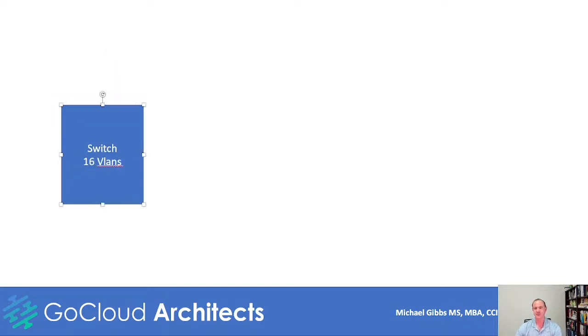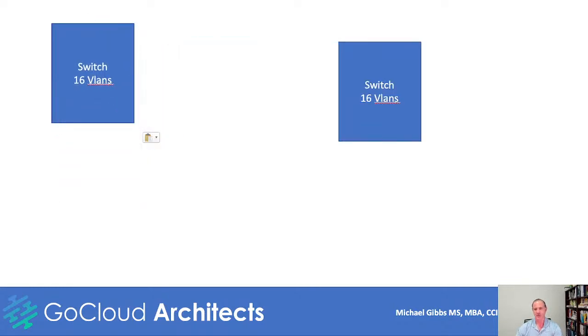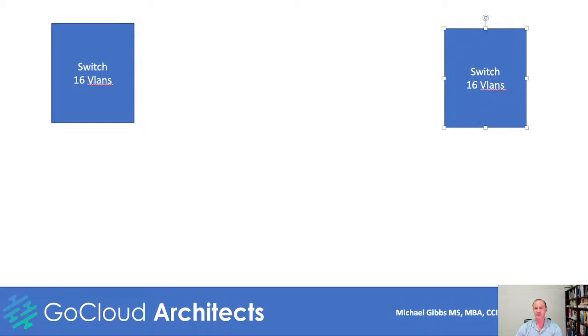Now, what is the VLAN? The VLAN is when you virtualize a switch. So realistically speaking, you chop a switch into 16 switches. So let's say you've got 16 VLANs in one switch, a router over here, which is a layer 3 device.